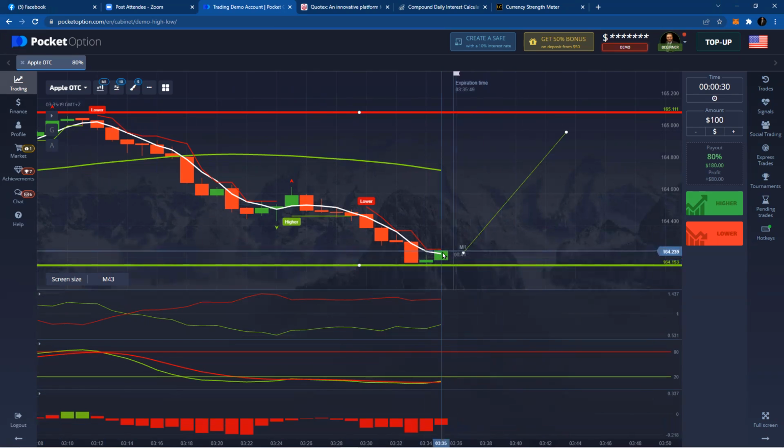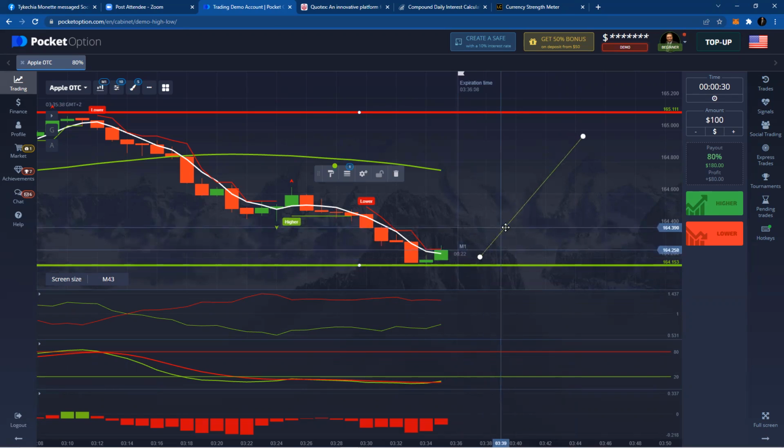I'm going to wait for this candle to close and see if I get green scales at the bottom over here. So we got 28 seconds. All right, 20 seconds. All right, we're going to wait on the next candle.